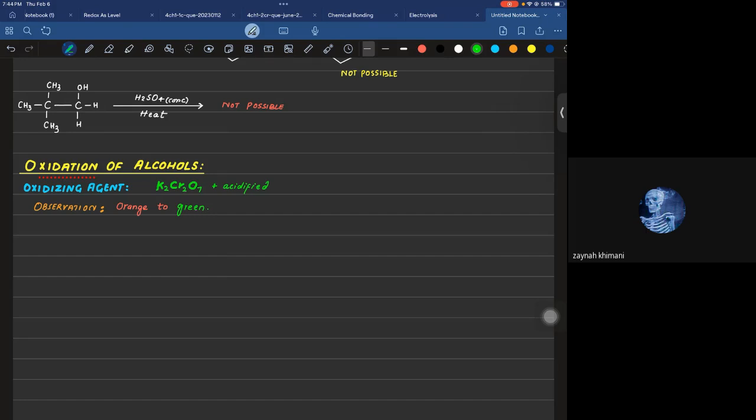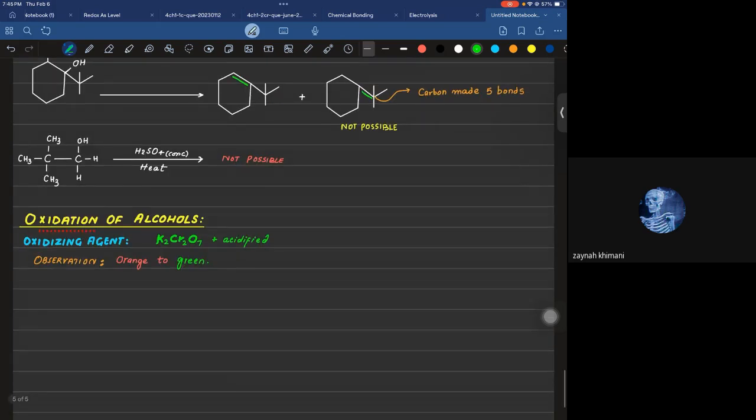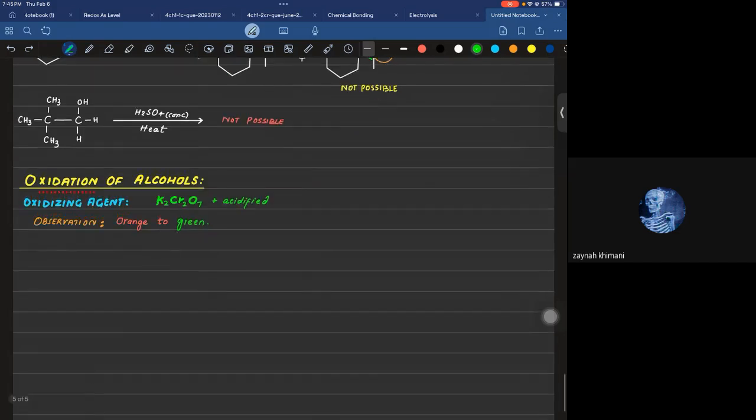And if not, it means there was no reaction. Like in this case, when you did the dehydration, you haven't got any product, so there is no reaction. So you look at the color of the reaction mixture in which you have added the oxidizing agent. That was orange initially, and after the reaction it would change into green. If there is a color change, the reaction is possible; otherwise there is no reaction.